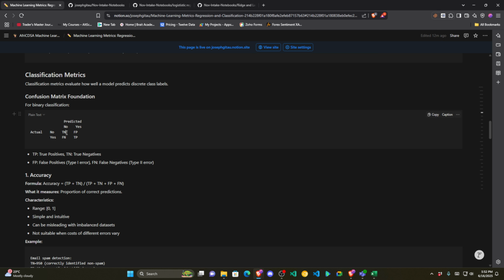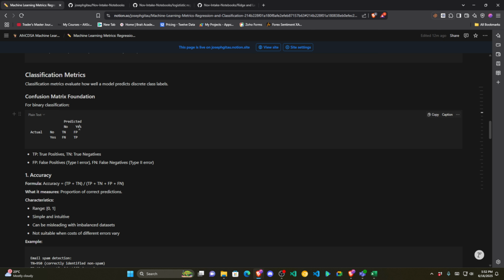In a case where we predict no and the actual was no, that's what we call a true negative. In a case where the actual was no and the predicted was yes, we call it a false positive. When the predicted is no and the actual is yes, that's a false negative.